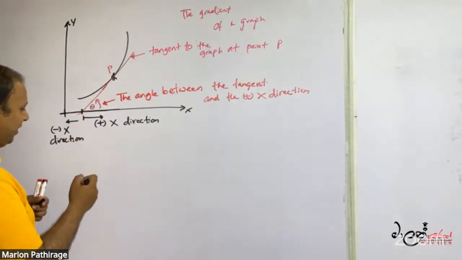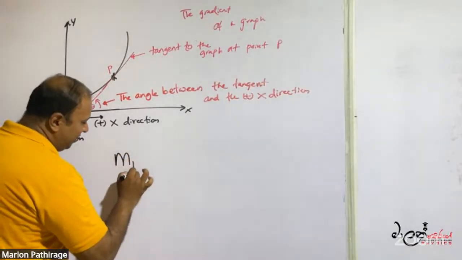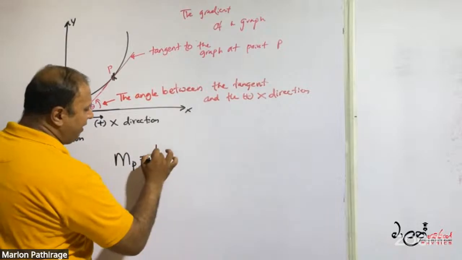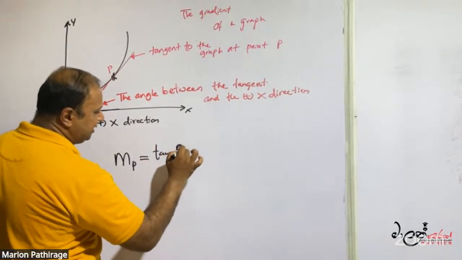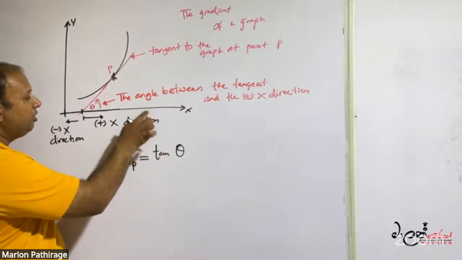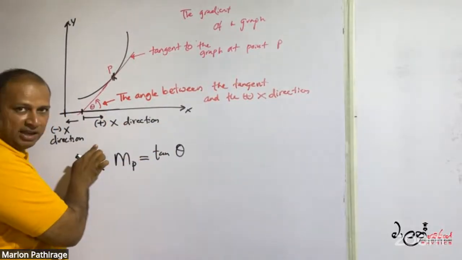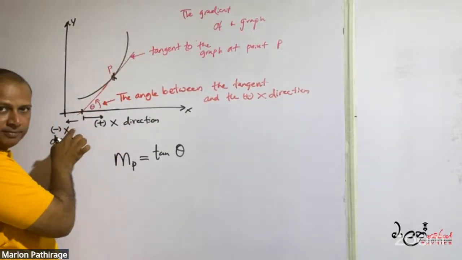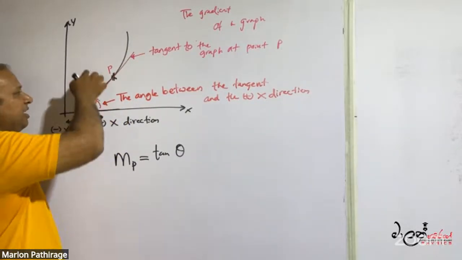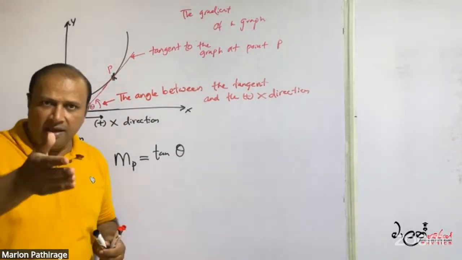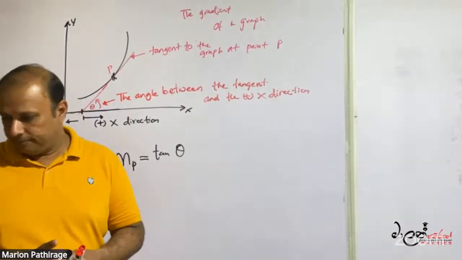Therefore, the gradient is defined as the tan value of the angle between the positive x direction and the tangent which is drawn to the graph at the particular point.